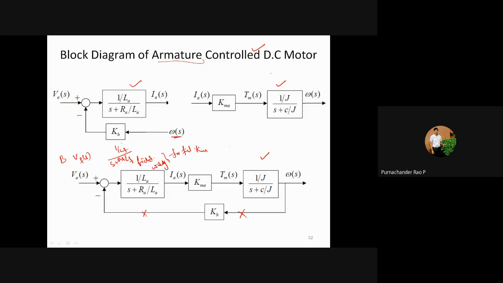Just go through the constructional details of DC servo motors. The constructional details of a DC motor you know very well, but just go through the constructional details and the characteristics of DC servo motors and AC servo motors.